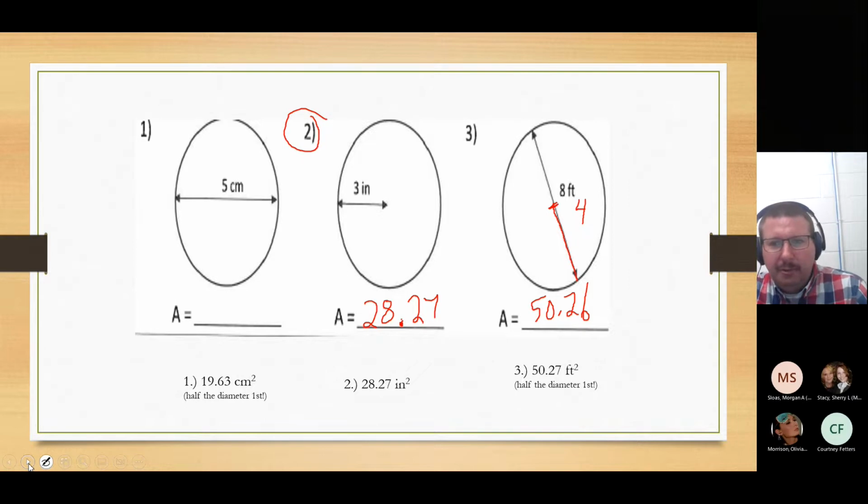Look at number 3 for a second. I put the answer as 50.27, but then I wrote in 50.26. It's the exact same thing. Don't worry about that at all. It's the very same thing.